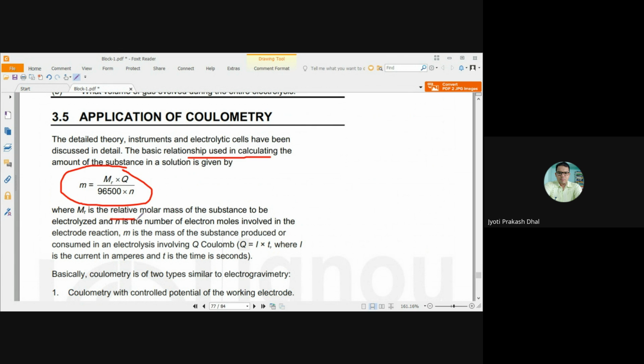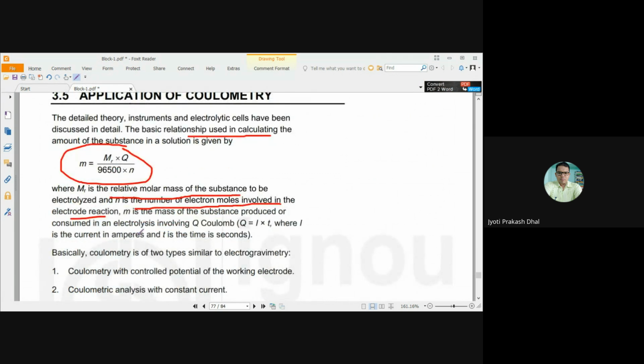Mr is the relative molar mass of the substance to be electrolyzed, n is the number of valence electrons involved in the electrode reaction process, and M is the mass of the substance produced or consumed during the electrolysis process. Q is the coulomb, Q equals I into t, where I is the current in amperes and t is the time in seconds.